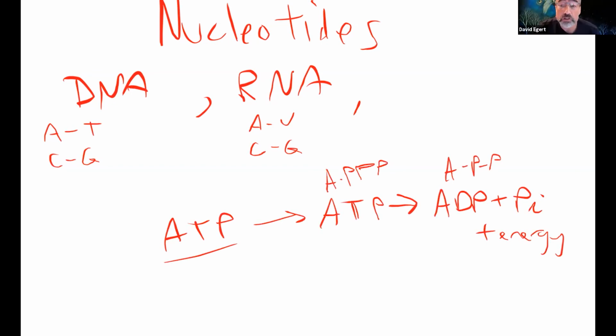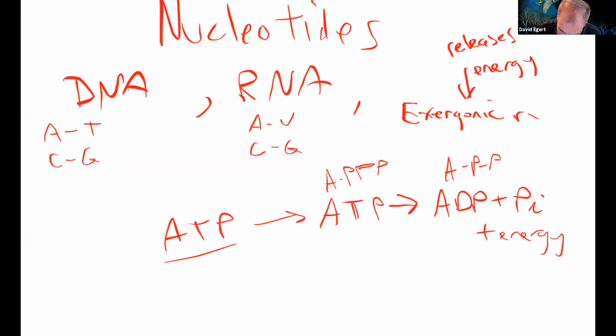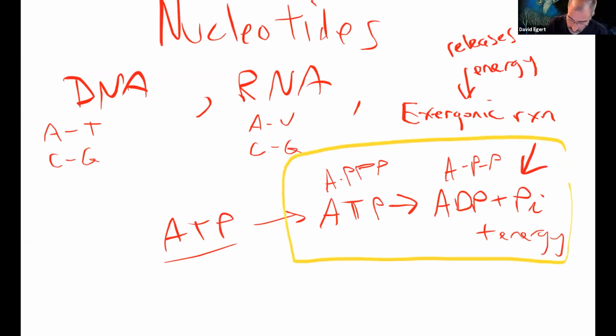A word you should know is exergonic. Releases energy. So what I've drawn here is an example of an exergonic reaction. Breaking apart ATP into ADP plus phosphate releases energy, which then can be captured to do other things.